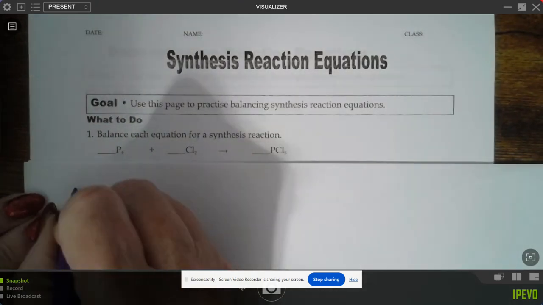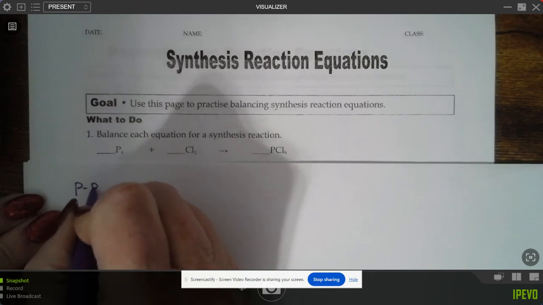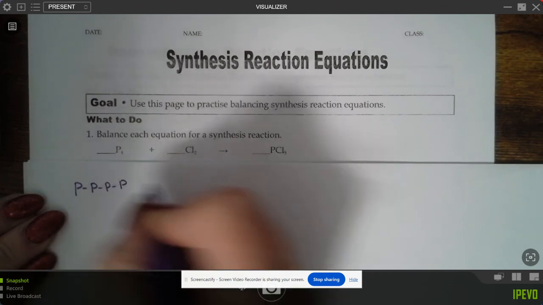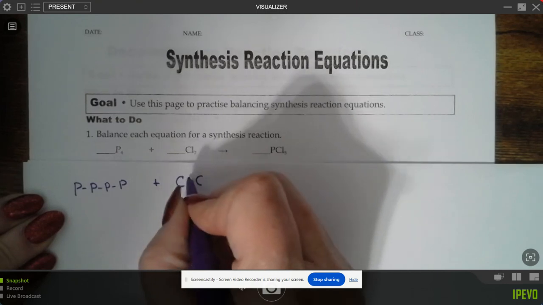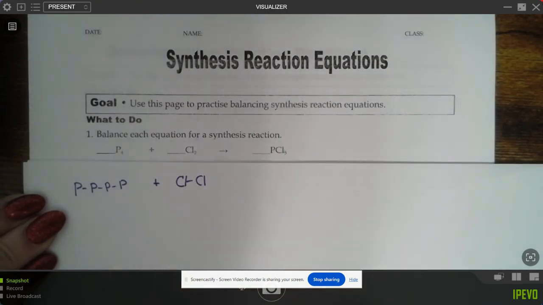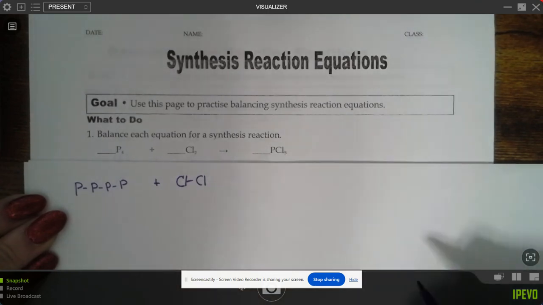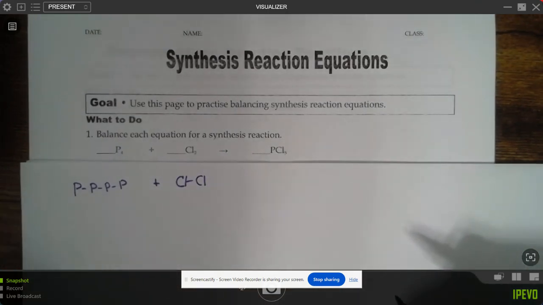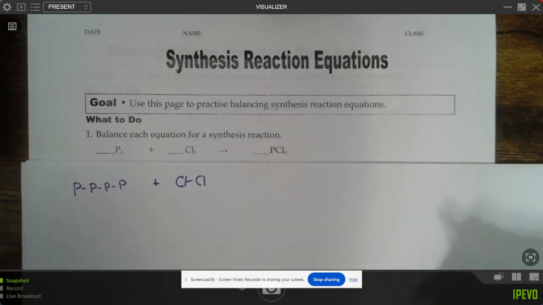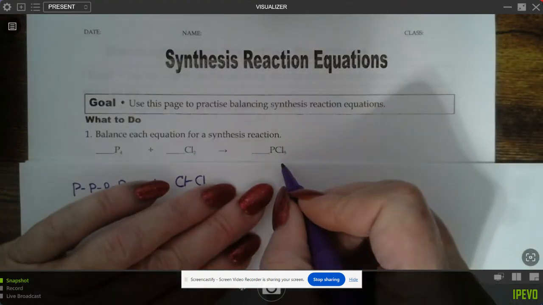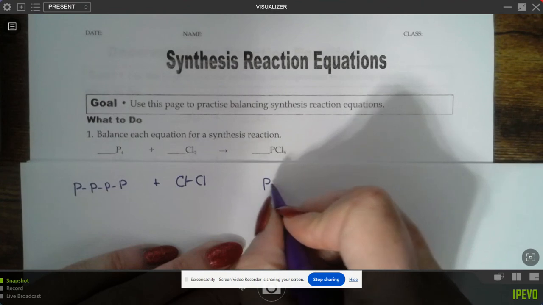So I'm just going to write P4, okay, plus Cl2, okay. So I'm just writing out the number of atoms that I have. I'm making sure that they're connected to show me that each of those is a compound. Okay, and then here I have PCl5.